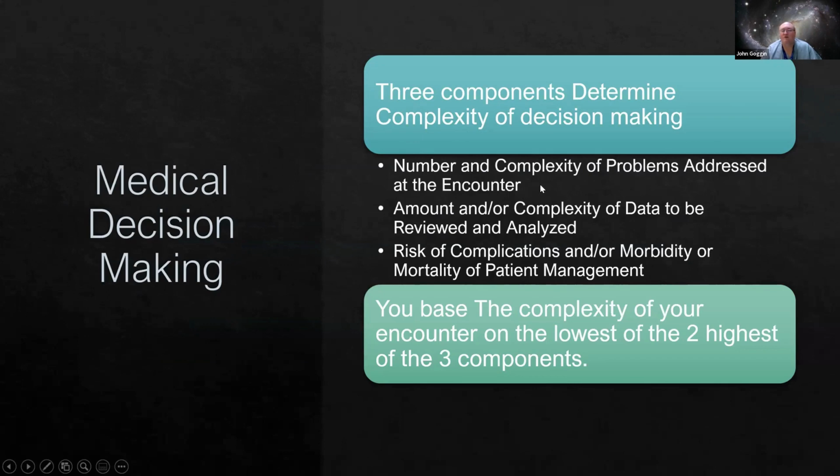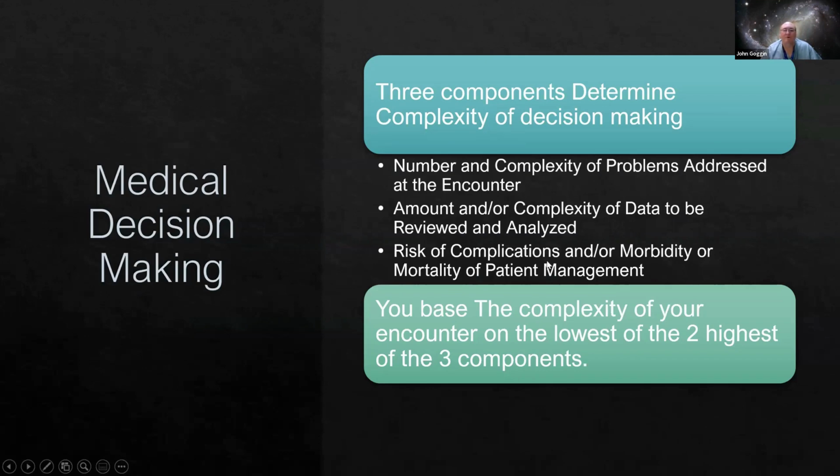So you can have a patient who has a lot of medical problems. If they're not relevant to what you're doing, then you don't get to count that towards that number of problems. The amount and complexity of the data to be reviewed or analyzed. Again, the data has to be relevant to what you're doing.